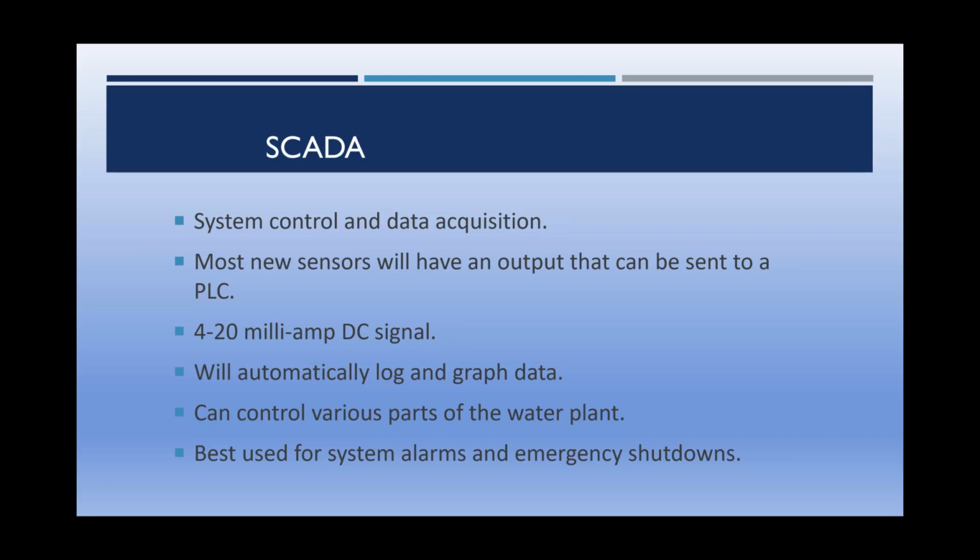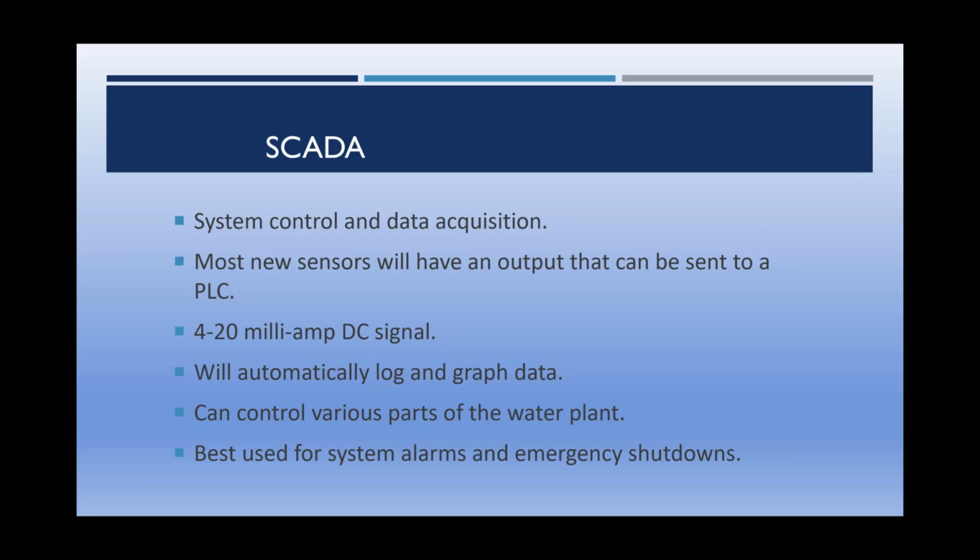They will automatically log and graph data. They can also be used to control various parts of a water plant. Personally, I think they're best used just for alarms, emergency shutdowns, and then to look at data. But for a small system, I'm not 100% sold on these, particularly the control aspect of them.